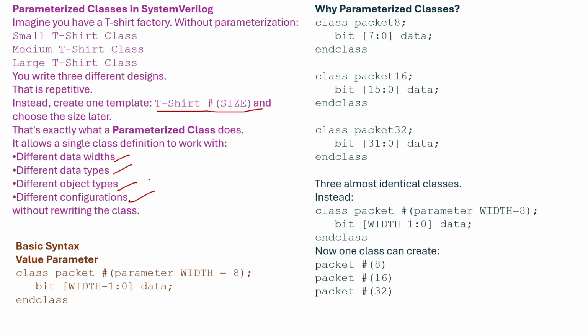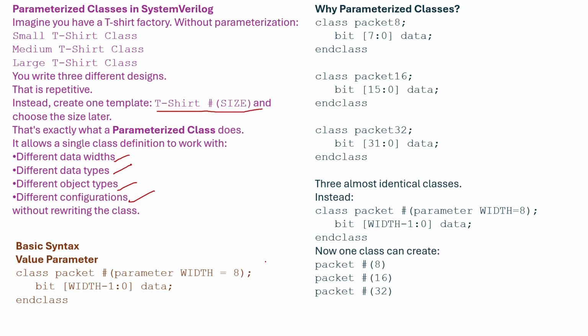I want to configure my data type, bit, byte, or integer data type, and at that time I will use parameterized classes. Okay, clear? So no need to rewrite all these classes again. Just use the same class and just change the width of your class.